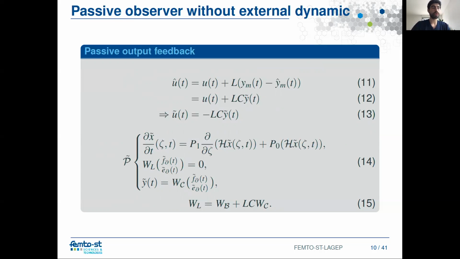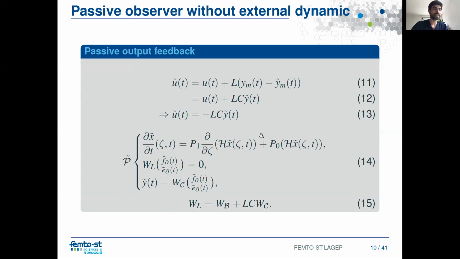The simplest way to design these observers is when we can measure the conjugated output. So in this scenario, we have Ym proportional to the conjugated output, characterized by this matrix C. Then U tilde is equal to minus L C y tilde, which we usually call output feedback.